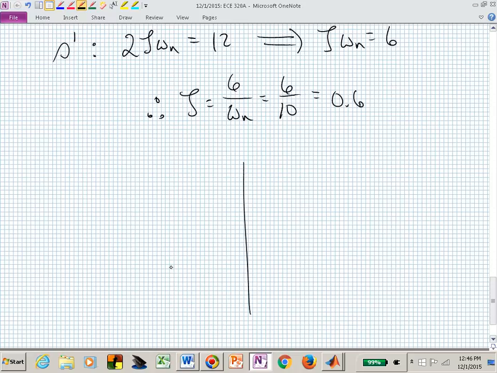And if we were sketching that in the S-plane, then the pole in the second quadrant would be right there at minus 6 plus j8, and this distance, omega sub n, is 10.